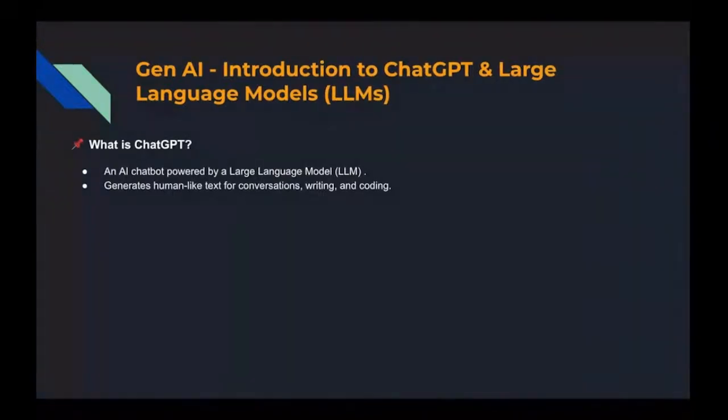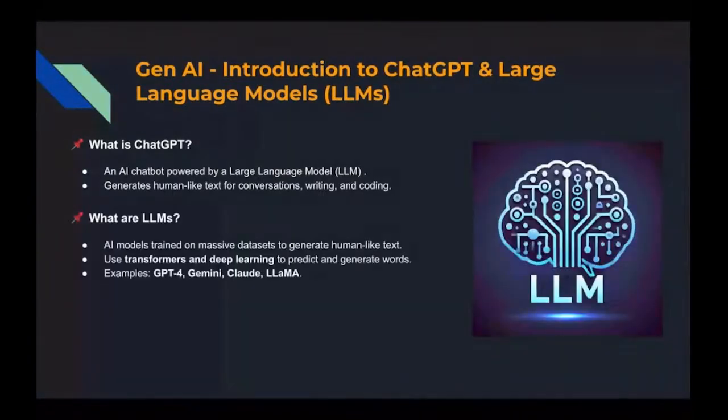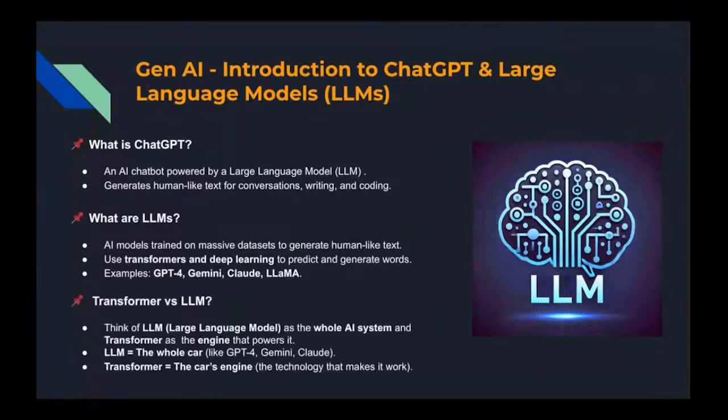Now we have a confusion: what are LLMs and what are transformers? Keep a simple analogy: LLMs are like the whole car, and the transformer is the engine in it. All AI models trained on massive datasets to generate human-like text use transformers and deep learning to predict and generate words. GPT-4 and Gemini are LLMs, and Claude and Llama are LLM model names too.